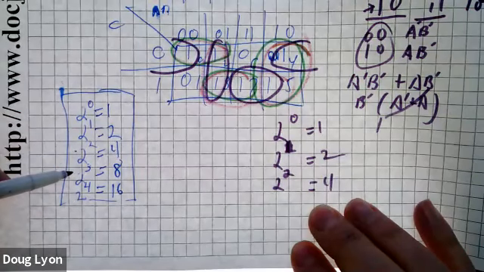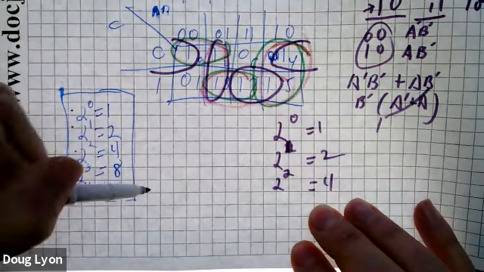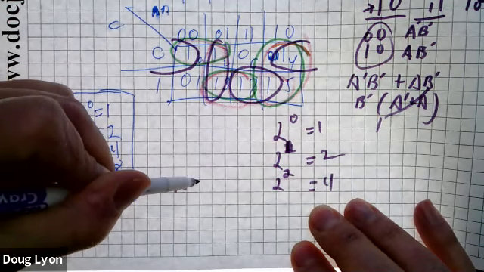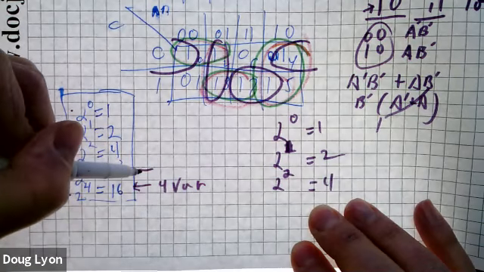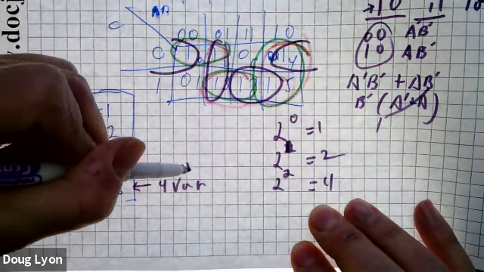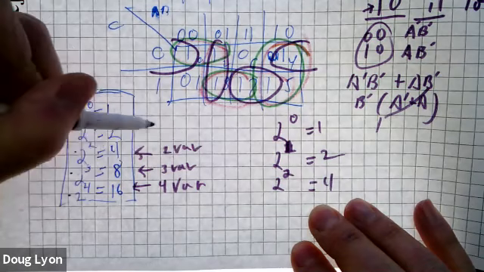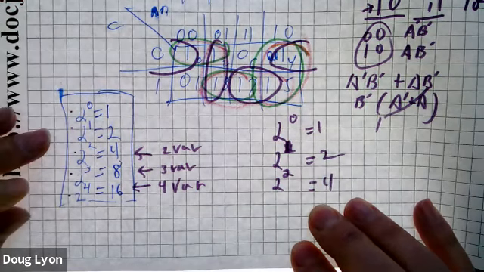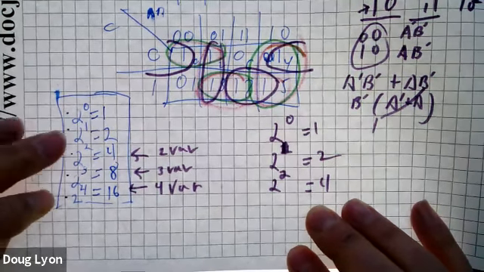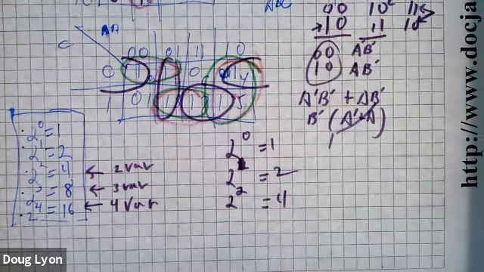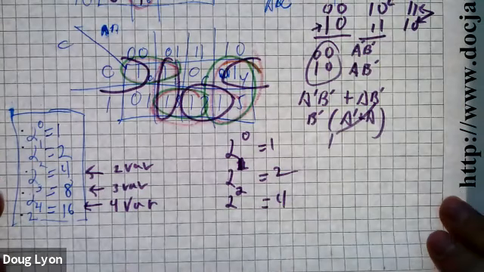I can have 8 elements at a time. I could have 16 elements at a time. I would expect this in a 4-variable KMAP, this in a 3-variable KMAP, perhaps in a 2-variable KMAP. I don't think you'd want a 1-variable KMAP. There's no 1-variable KMAPs that I'm aware of.